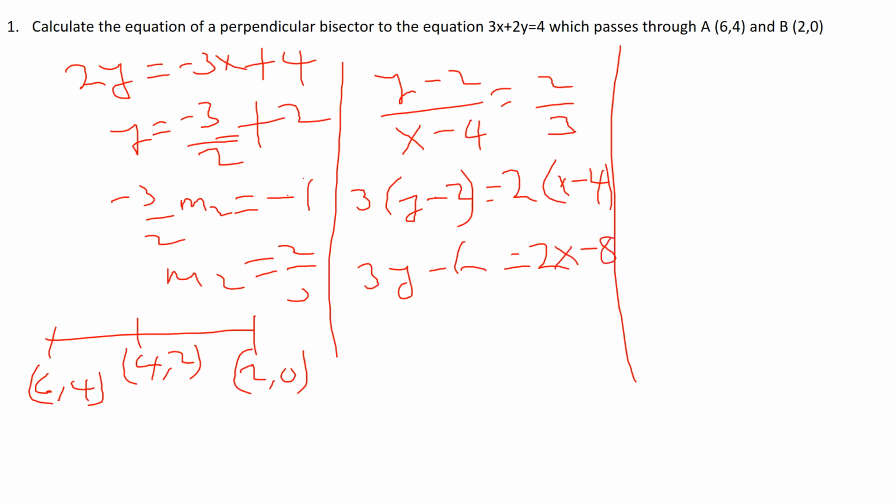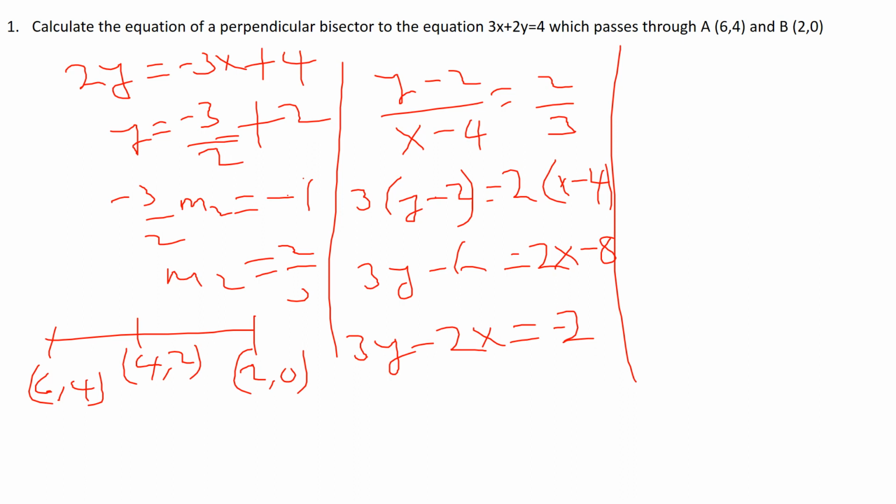If we make this the subject of the formula, we give the equation in the form 3y minus 2x equals minus 2, if we leave our answer in the form that we are given. So that is how you can get such an equation.